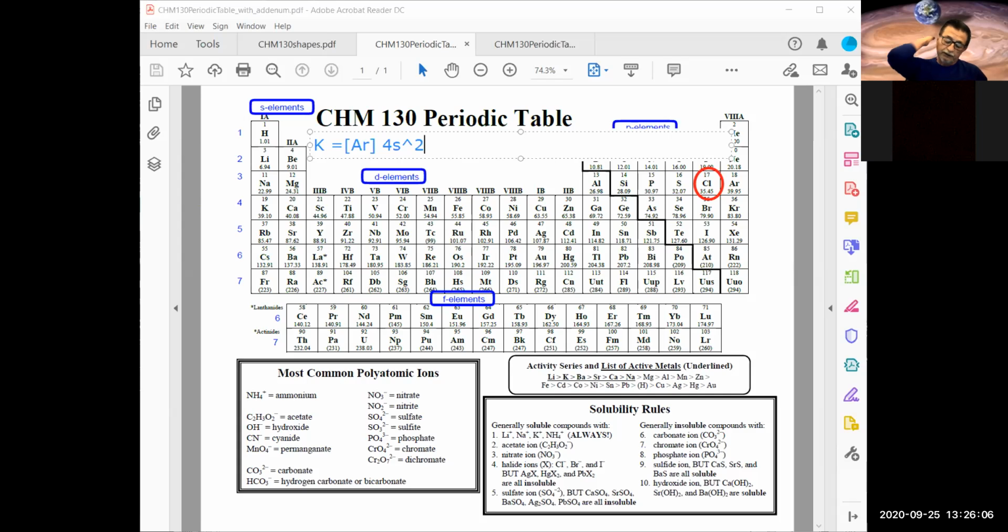So unless the question says not to use shorthand, I will perfectly accept the shorthand method. Just make sure that that noble gas is in the brackets and not the parentheses. That is the correct notation, the brackets. Any questions about the shorthand method? Okay.